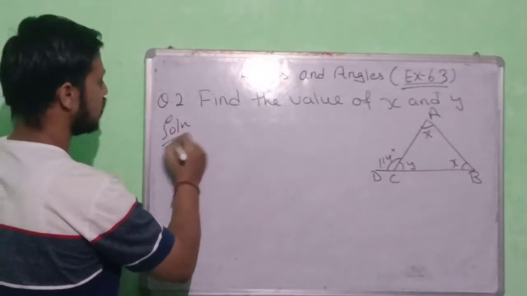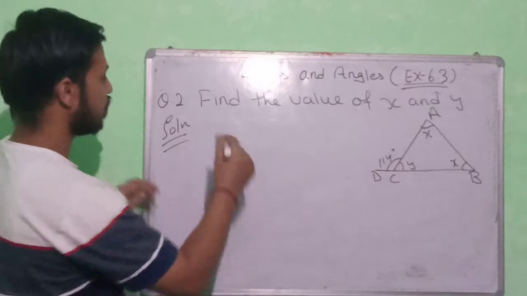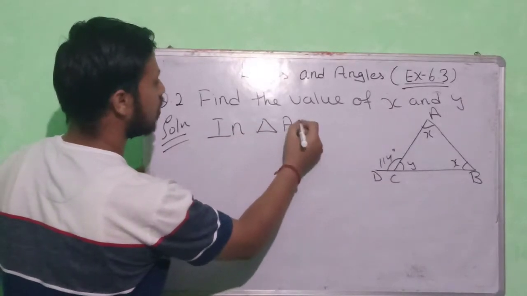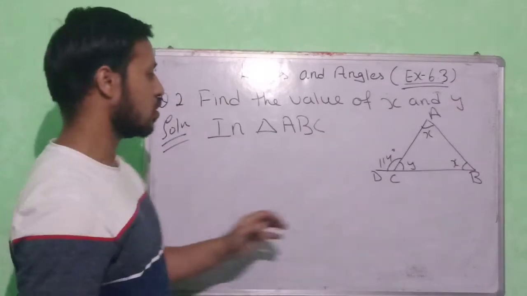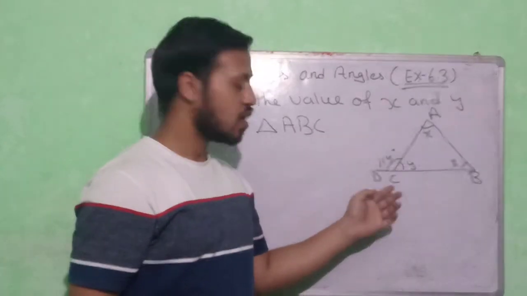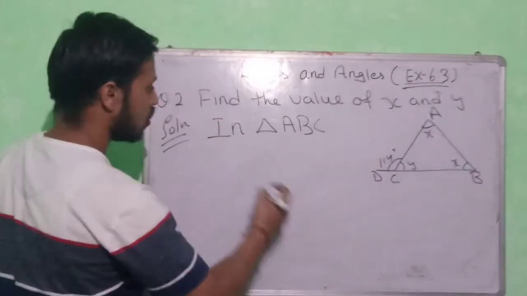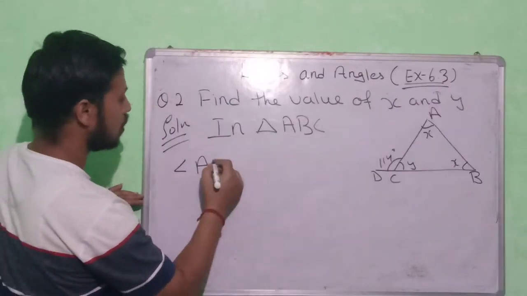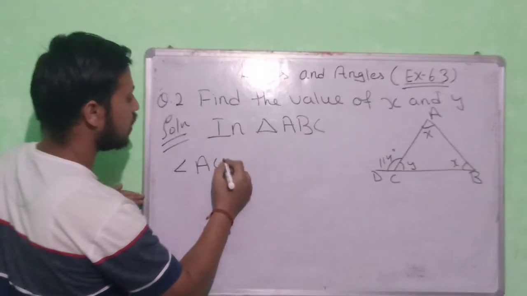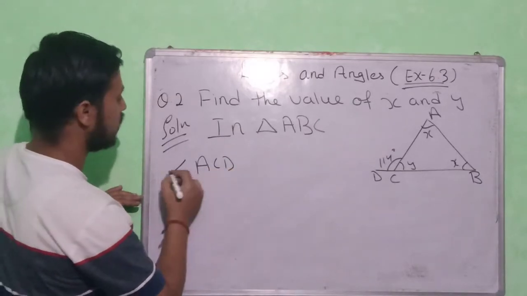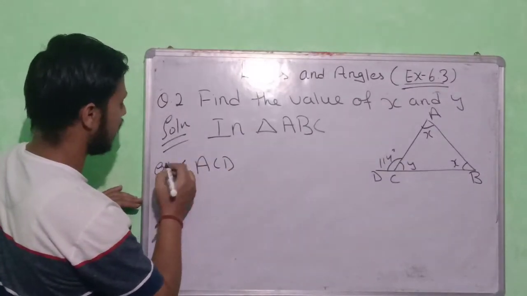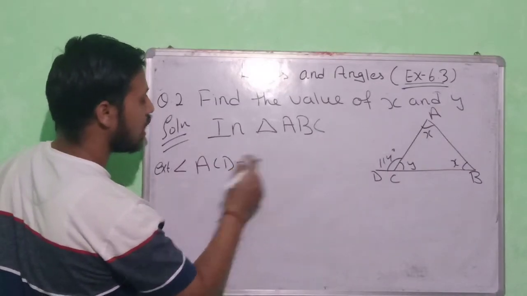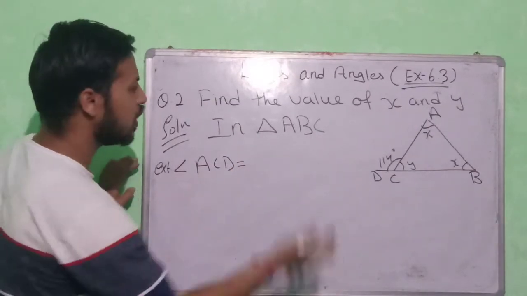Solution. Now, in triangle ABC, this D is the produced part. You can say that angle ACD is the exterior angle, and the exterior angle is equal to the sum of opposite interior angles.